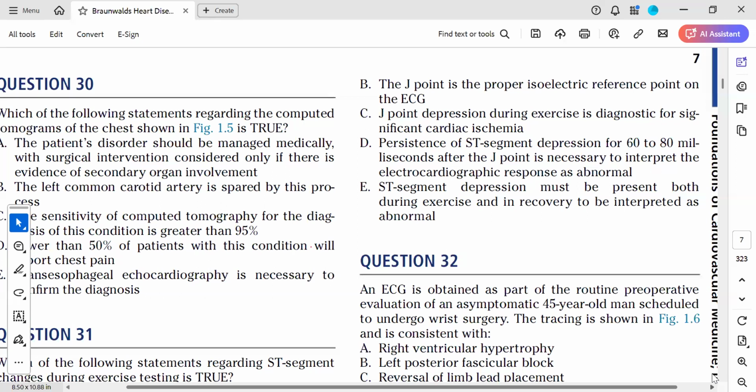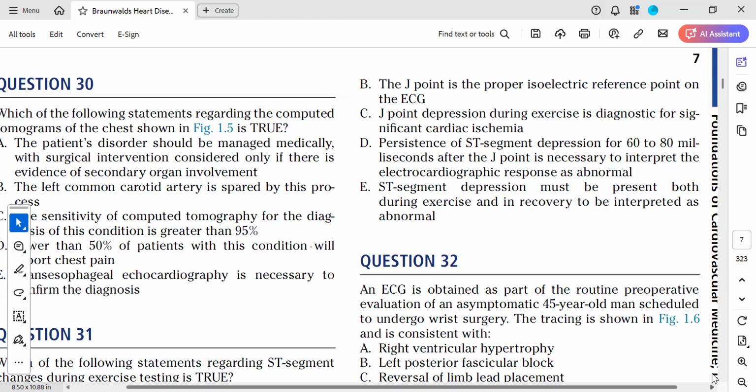Just to note that in a very few patients, ST segment depression may persist into recovery, but we don't read ST segment depression as having to be present both in exercise and in recovery to constitute a positive test.